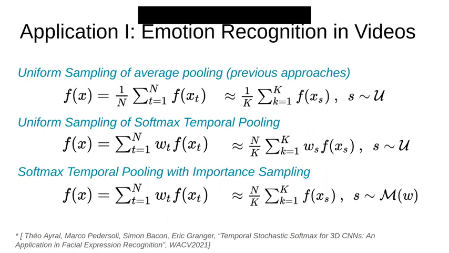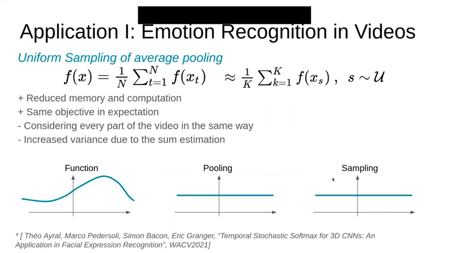The second one is softmax temporal pooling, where we add this W to our function so that we assign a weight to each part of the video, to give more importance to the parts that are more discriminative. And the third one is, again, softmax temporal pooling with importance sampling. I will show you this in more detail with these illustrations.